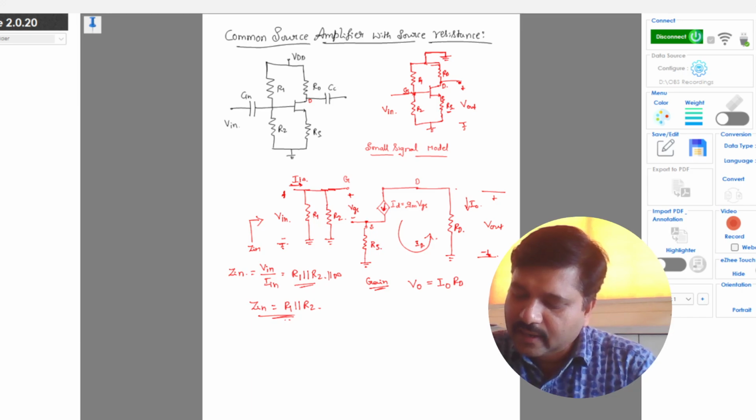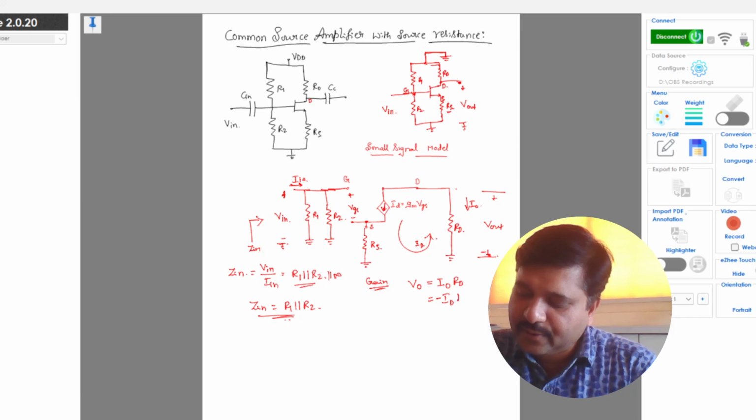Here I0 is nothing but minus ID, and ID is gm into VGS, so V0 is minus gm into VGS into RD, right? This is my output voltage. We'll consider this as equation 1.